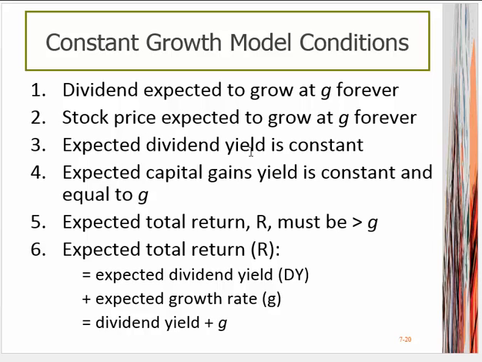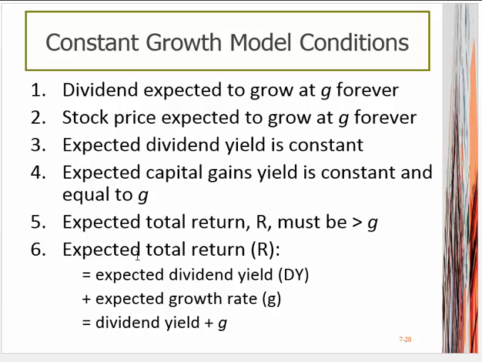The expected dividend yield, the future dividend divided by the current price, is constant. Expected capital gains yield is also constant, and that's equal to the growth rate of the price and growth rate of dividends.